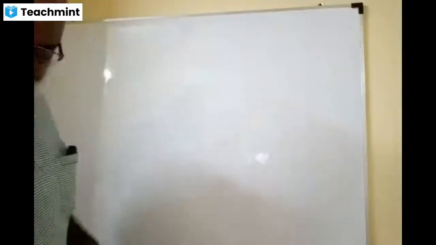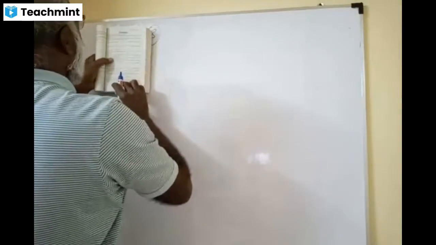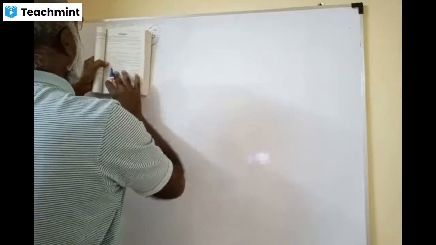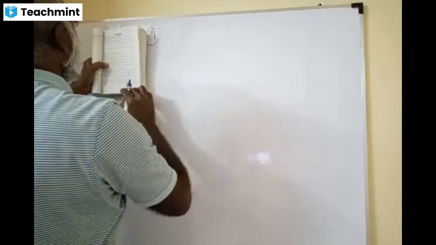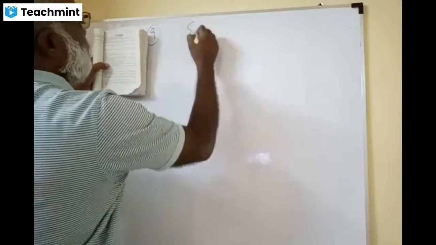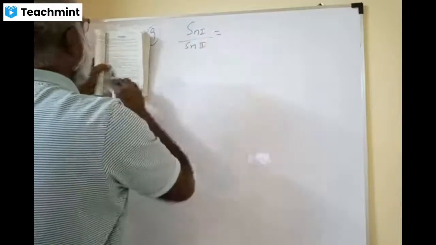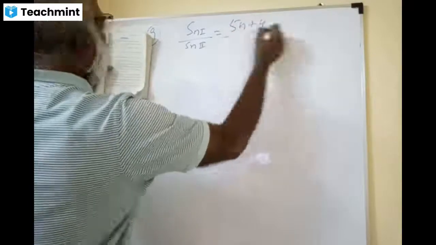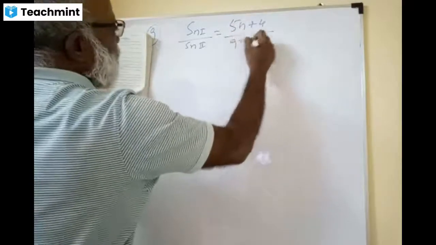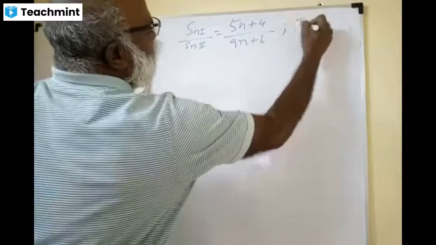The 9th one: the sums of the n terms of two APs are in the ratio 5n plus 4 by 9n plus 6. Find the ratio of 18th terms.